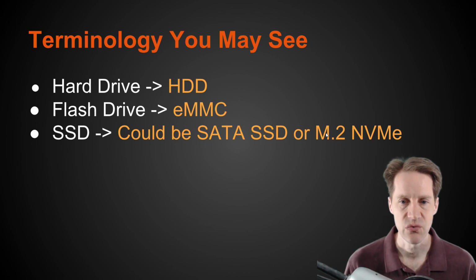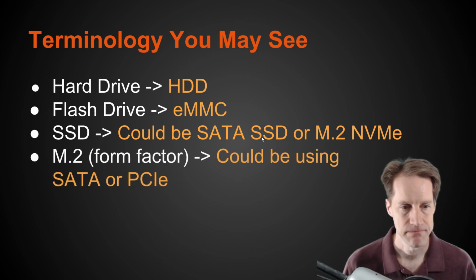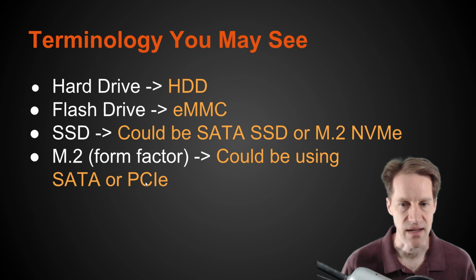So you want to determine at a more granular level what type of SSD a device is using to see how fast it could potentially be. Again, you may see reference to M.2, which is basically the form factor, what size it is. Now an M.2 could be using SATA or PCIe.